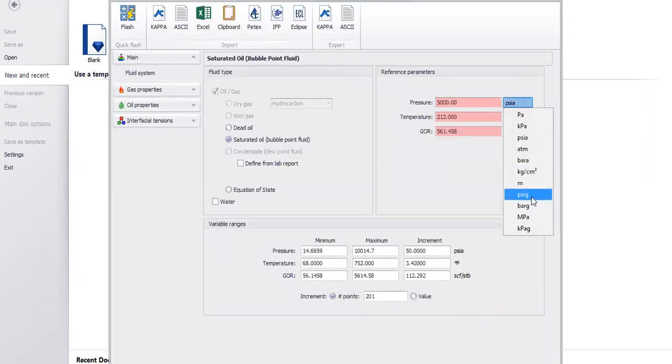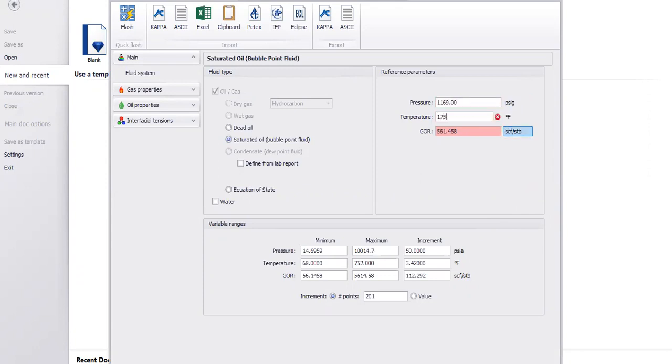So for this reference parameter, I'm going to use this one, 175, and lastly for the GOR 332. Select water in addition to saturated oil.